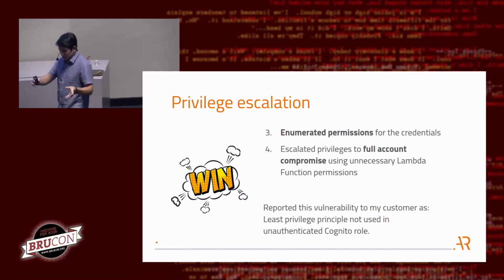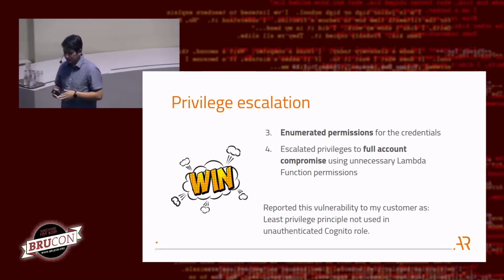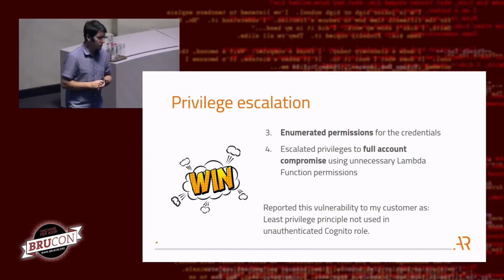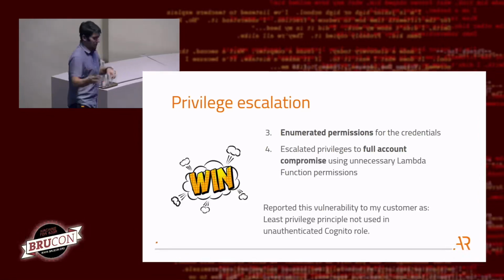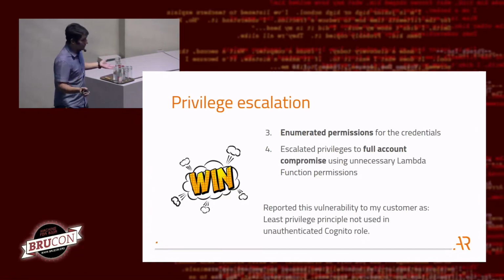I took those credentials, followed some steps, I'm going to show them later, and got the permissions associated with those credentials. And this was, sorry, this was an assessment. I just got access to it and was allowed to do anything with the account.